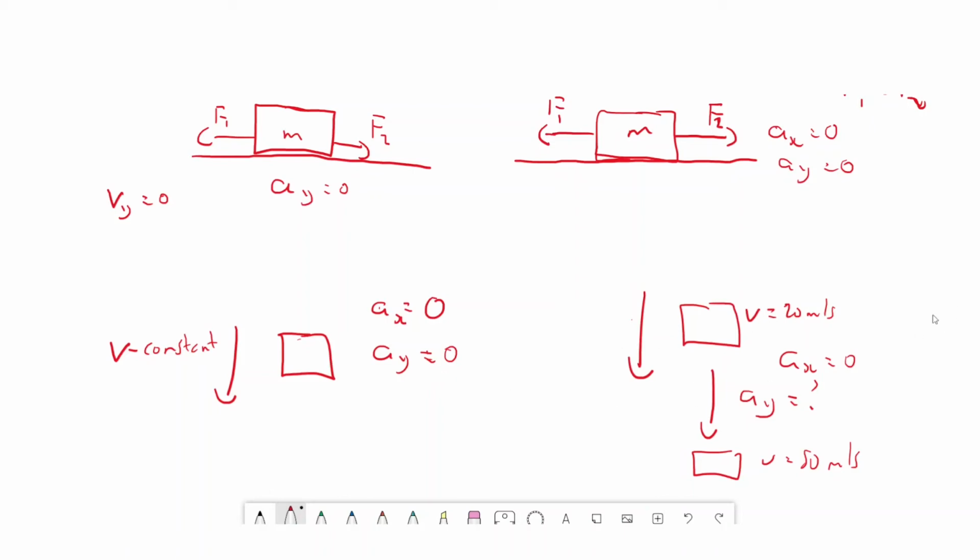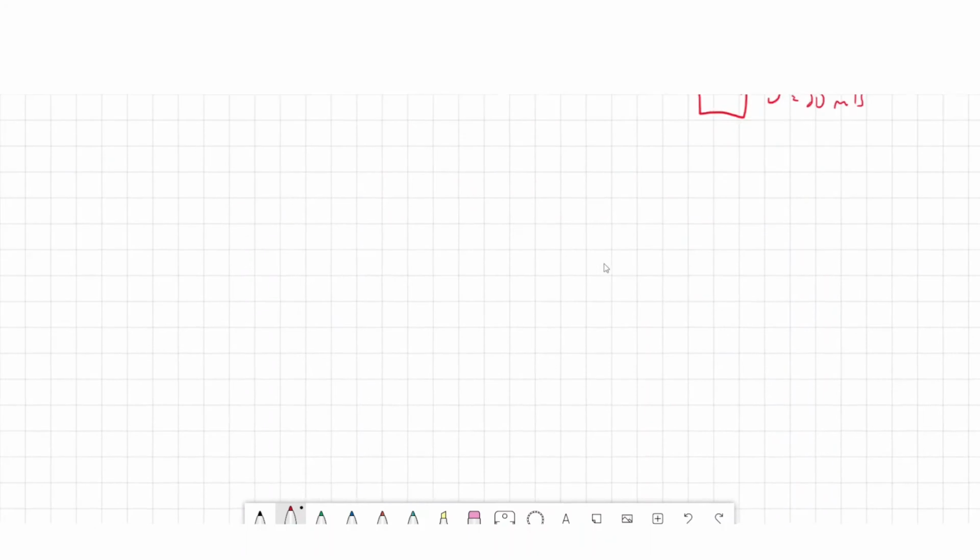And this is true even if something is going up. Let me say something is going up. It's going up. All right. Maybe the speed here is 20 meters per second. Then maybe here it is slowing down.